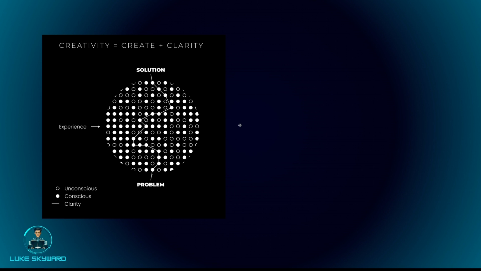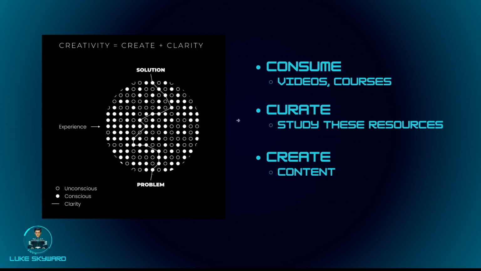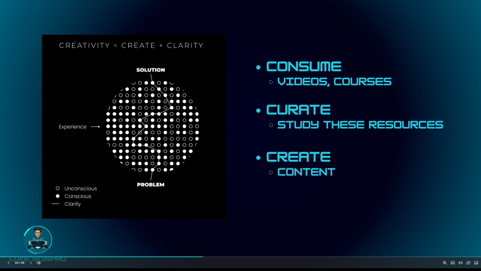But how do you turn the black dots to white dots in practice? This again refers to the 3Cs framework we talked about before. So consume: list out sources like YouTube channels and courses related to your project, and start consuming them.